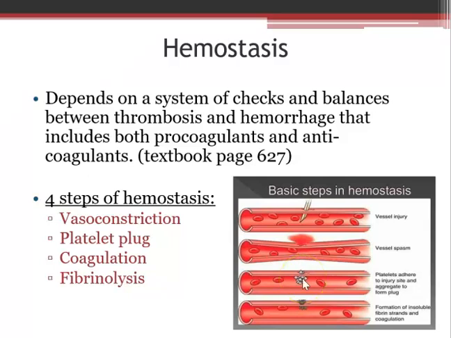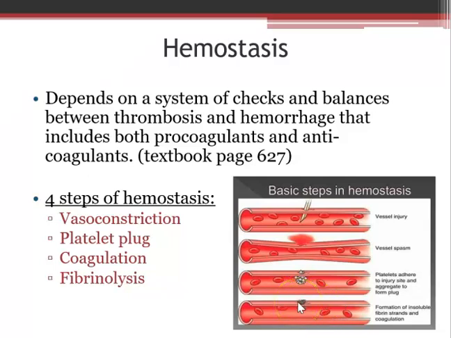Next is coagulation. The blood changes from a liquid to a gel form to help form a clot. You see the coagulation phase or step happening in this very last part of the image down here. The formation of insoluble fiber strands and coagulation is happening down here.